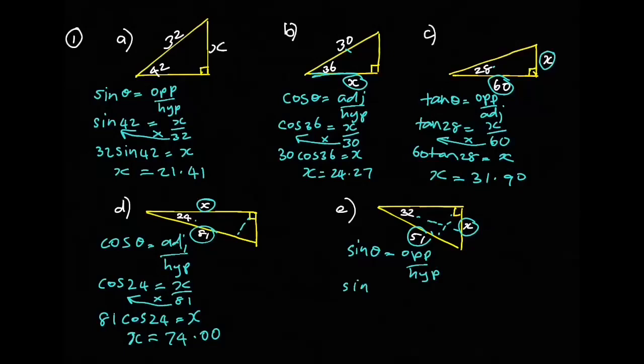So sine 32 is equal to x on 51. Bring the 51 over to multiply. We've got 51 sine 32 equals x, and that gives us x equals 27.03, correct to two decimal places.